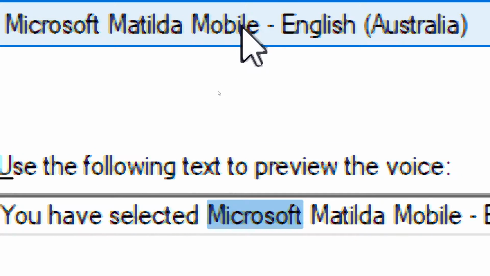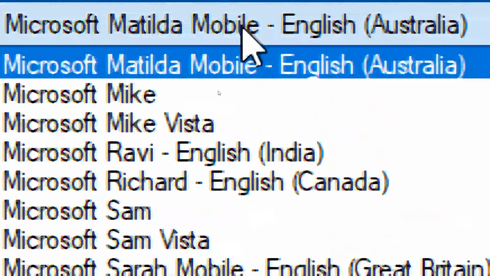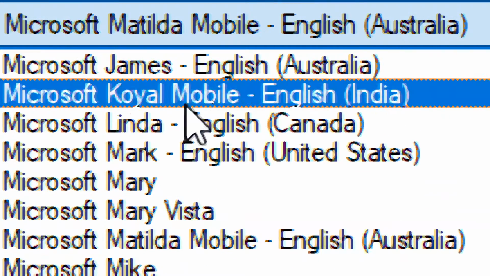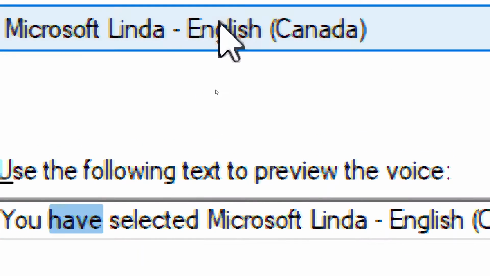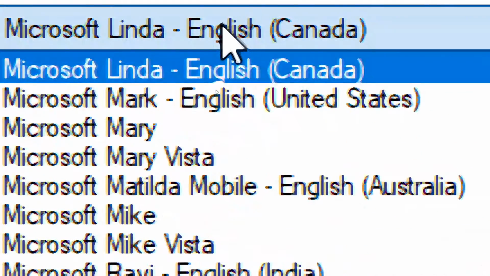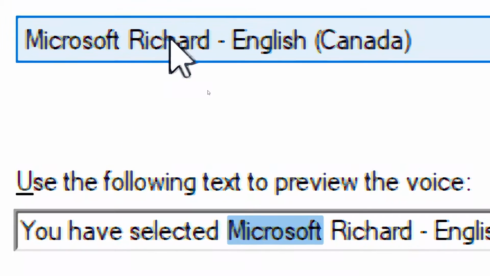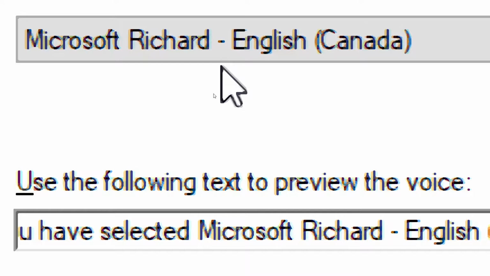You have selected Microsoft Matilda Mobile, English, Australia, as the computer's default voice. You have selected Microsoft Linda, English, Canada, as the computer's default voice. You have selected Microsoft Richard, English, Canada, as the computer's default voice.